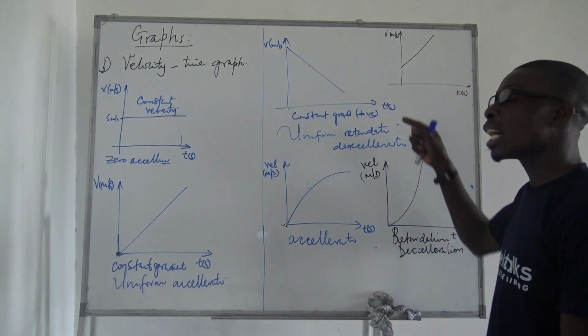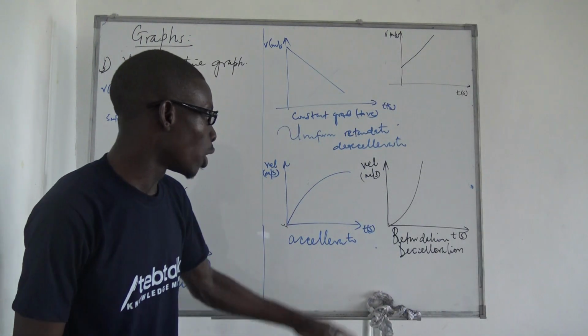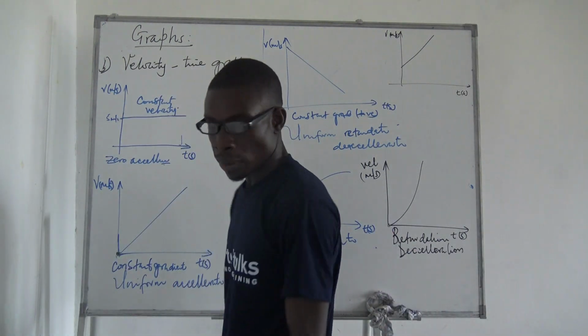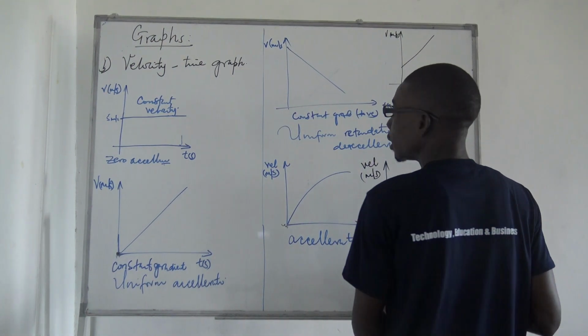And if you are doing that for reducing the speed, we say you are decelerating, but not uniformly.